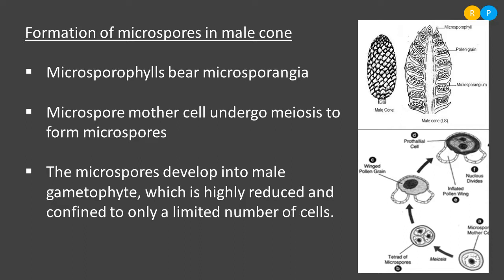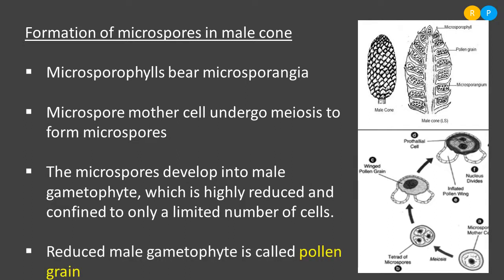You can observe winged structures in the next step of this schematic. Those winged structures are nothing but male gametophyte. These are actually matured male gametophyte. These matured male gametophytes are named as pollen grains. They are highly reduced. They are confined to only a limited number of cells. So these highly reduced cells are named as pollen grains.